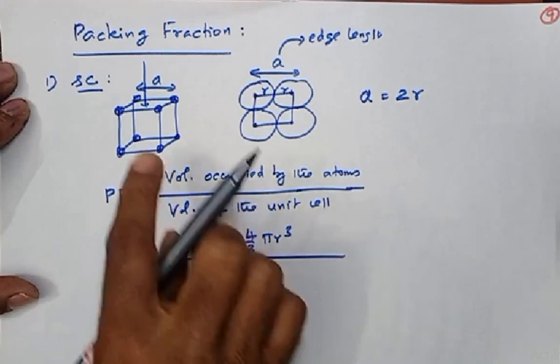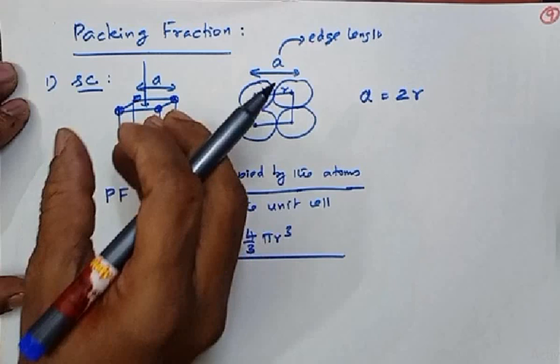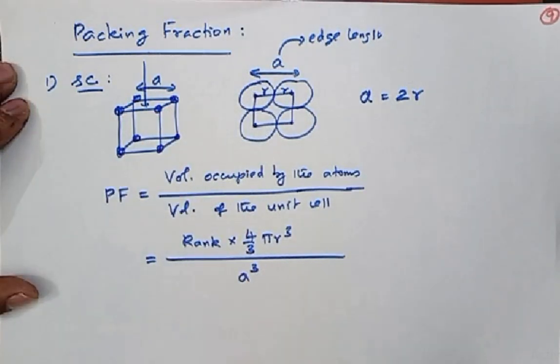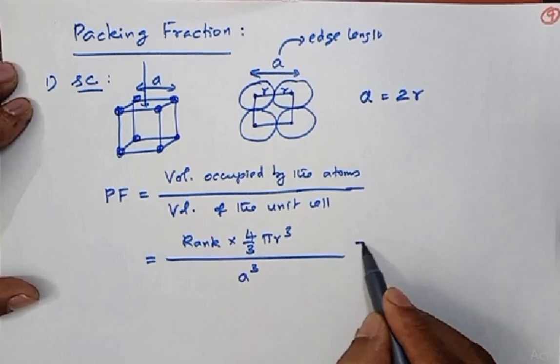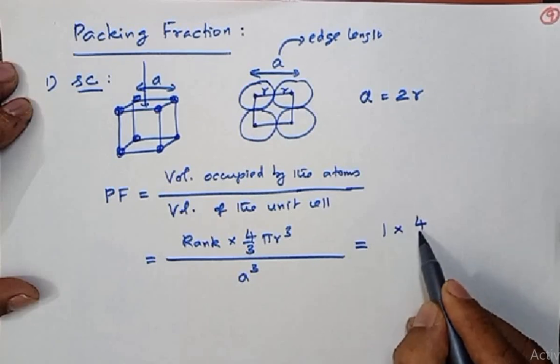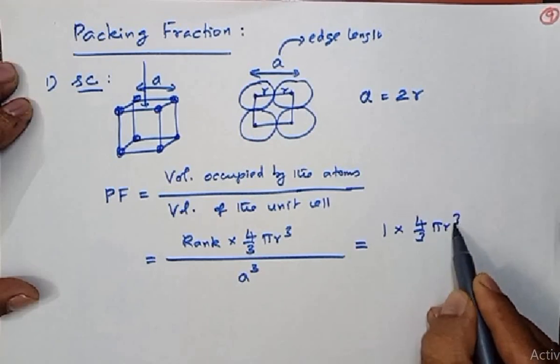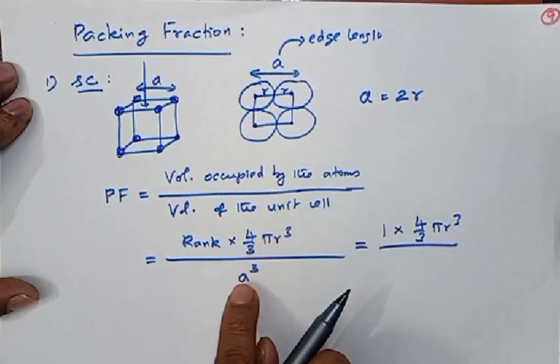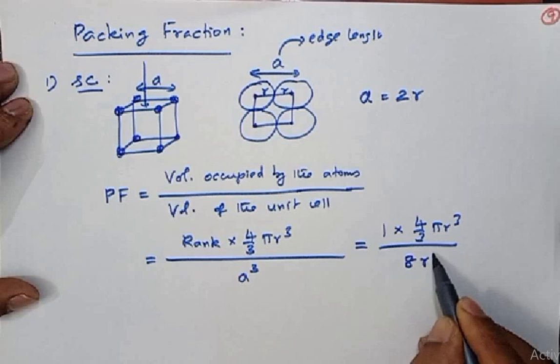What is the volume of the unit cell? The unit cell is cubic in shape. Okay, it is a perfect cube. Therefore, volume should be A into A into A. What is the rank for simple cubic? For simple cubic, rank is 1. So 1 into 4 by 3 pi r cube by A cube. What is A? A is equal to 2r. So A cube is equal to 8 into r cube.